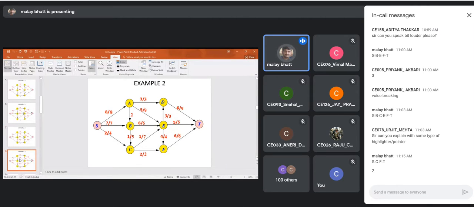Now you can check that if from S you proceed further, then from S you can go to A, which is fully utilized, and S to B is already utilized completely. Now S to C, if I reach C, then there are two outgoing arrows.